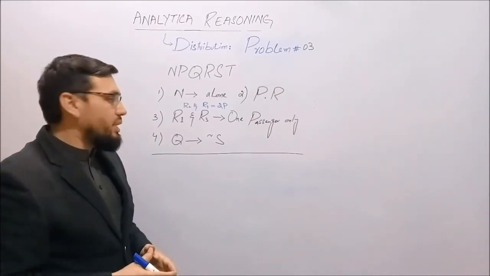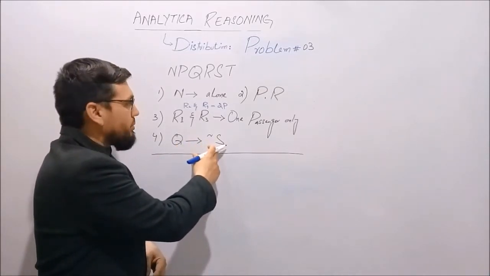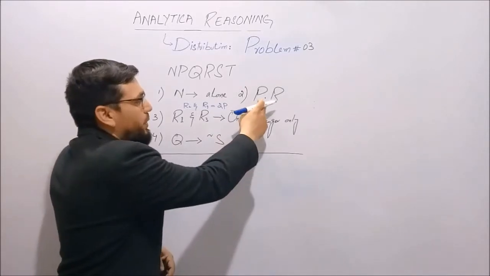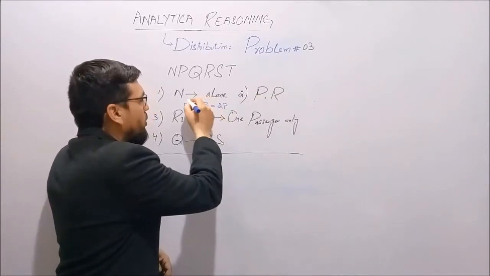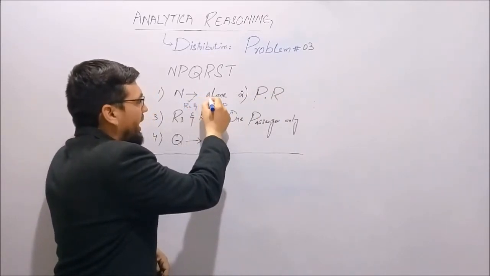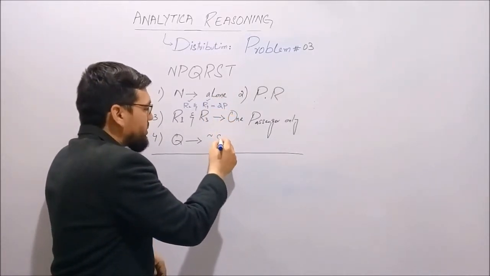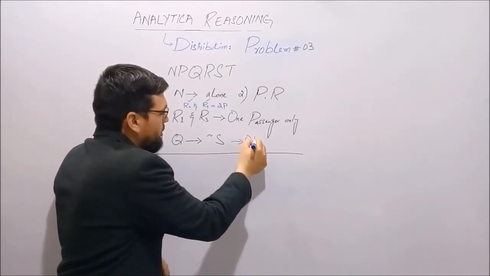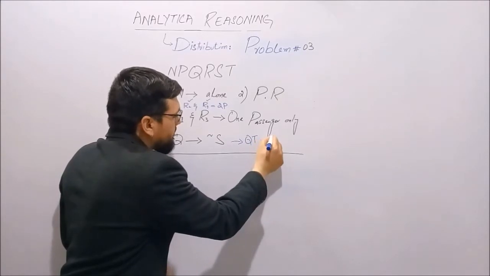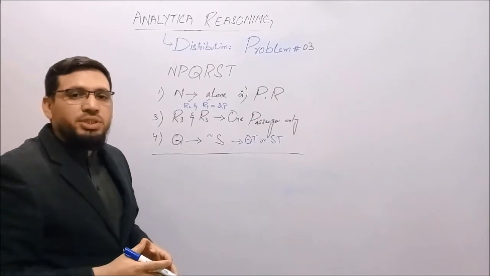Given that Q must not sit along with S, and P and R will be the 2 persons sitting in row 2 or row 4, the second 2 persons will be one person from these: that could be Q, T, or S, T. Now we have pulled out the link information from this given data.